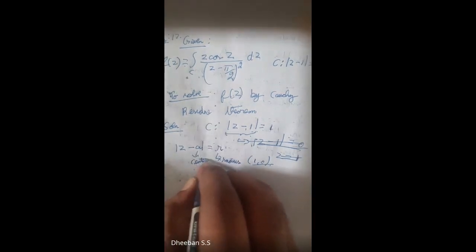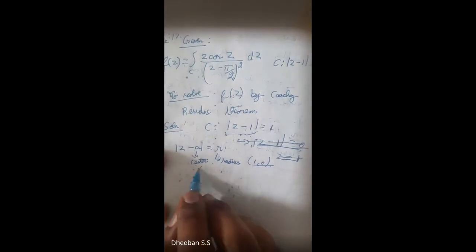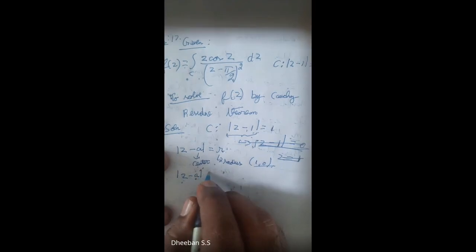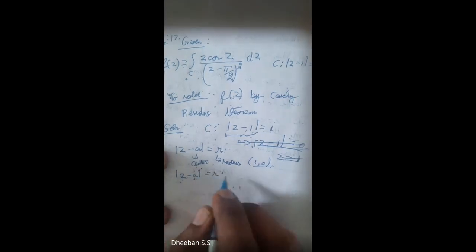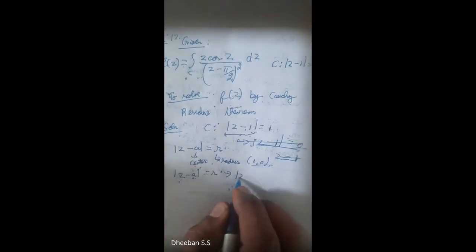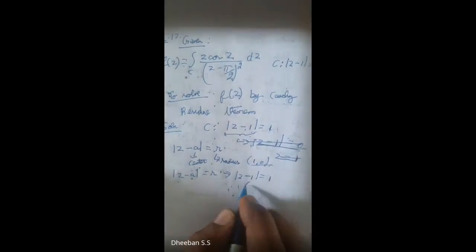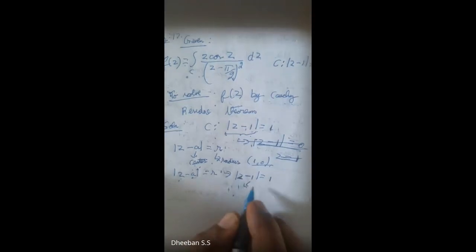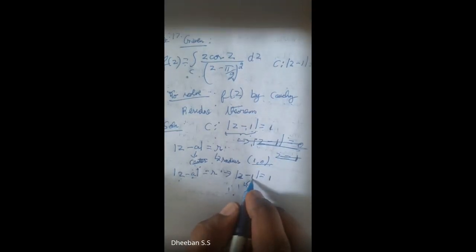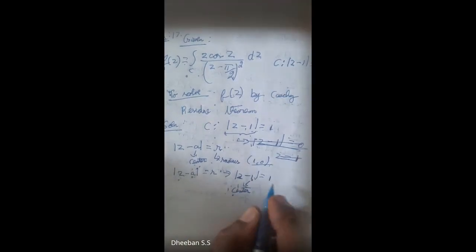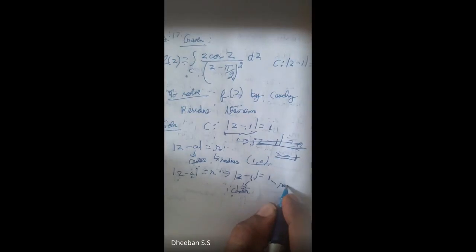Now substitute over here z minus a equal to r, so it will be z minus 1 equal to 1. So here your center is the point 1, and this is your radius.